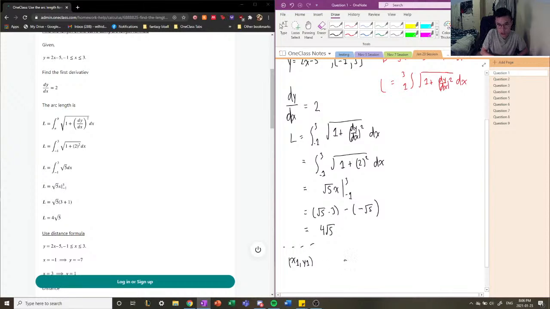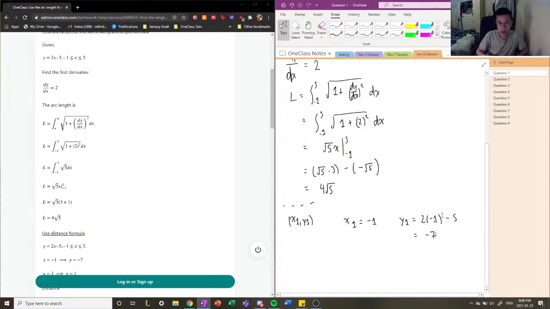So x1 is -1, and y1 is going to equal 2 times -1 minus 5, okay? And that is equal to -7, right? So that means x1, y1 is equal to -1, -7.